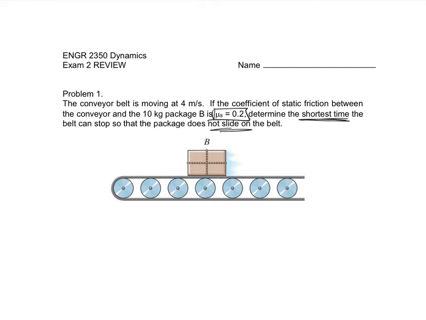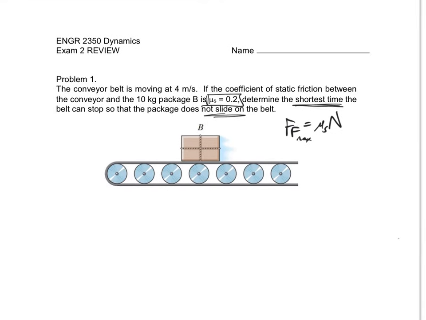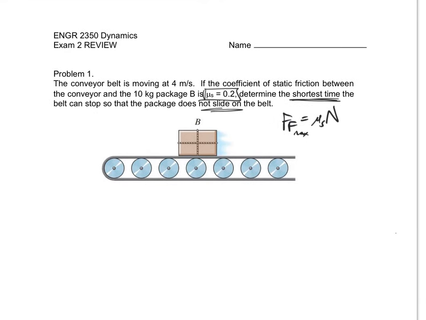So it's really telling us the force of friction between the conveyor belt and the package is going to go all the way up to its maximum, mu s times N.